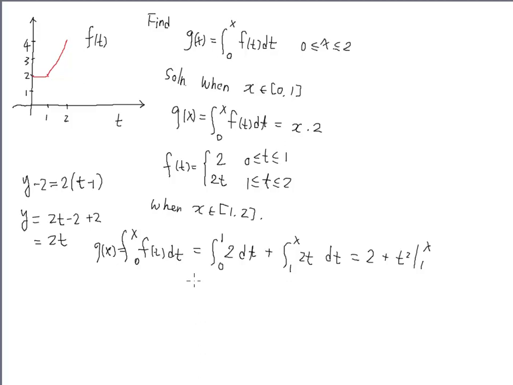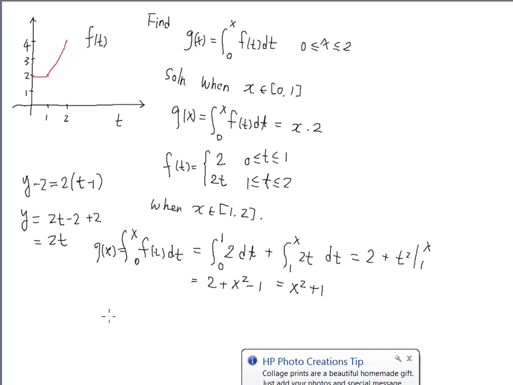So this is going to be 2 plus x squared minus 1, which is simply x squared plus 1.